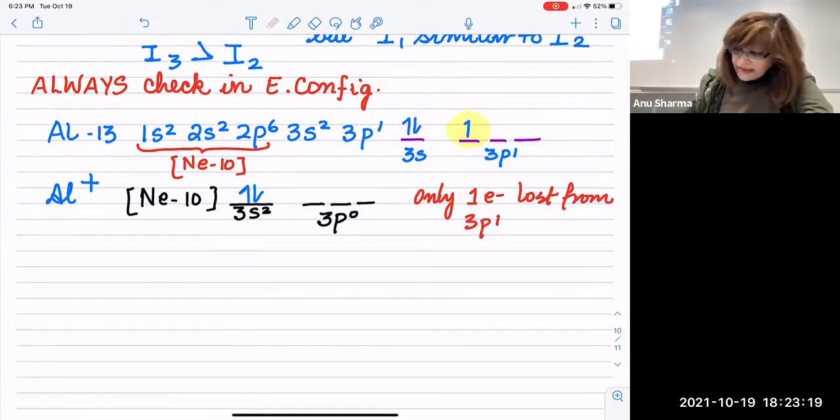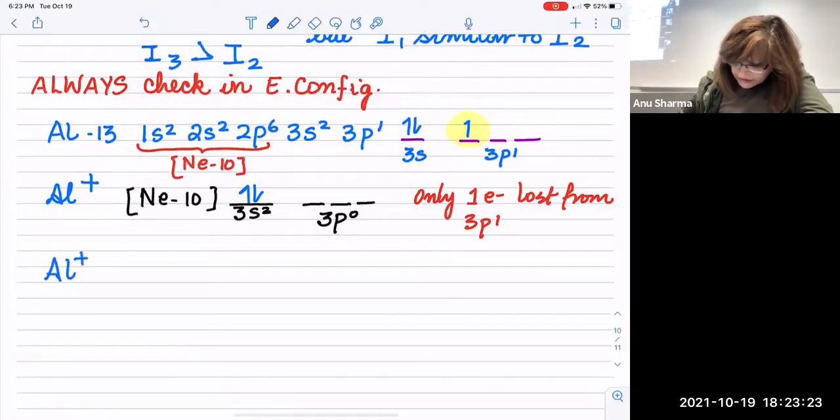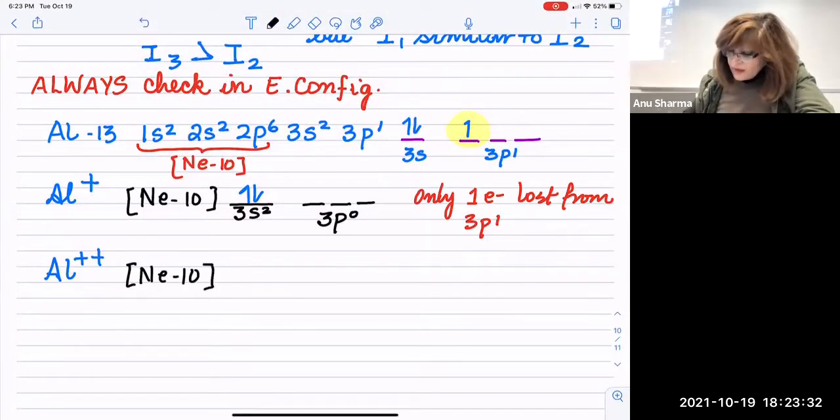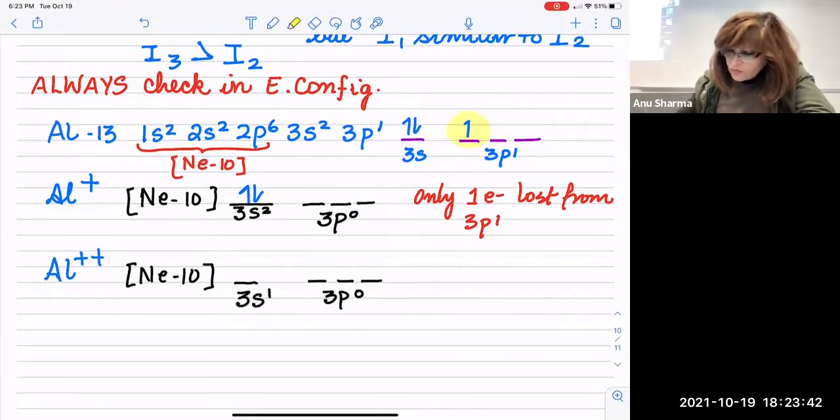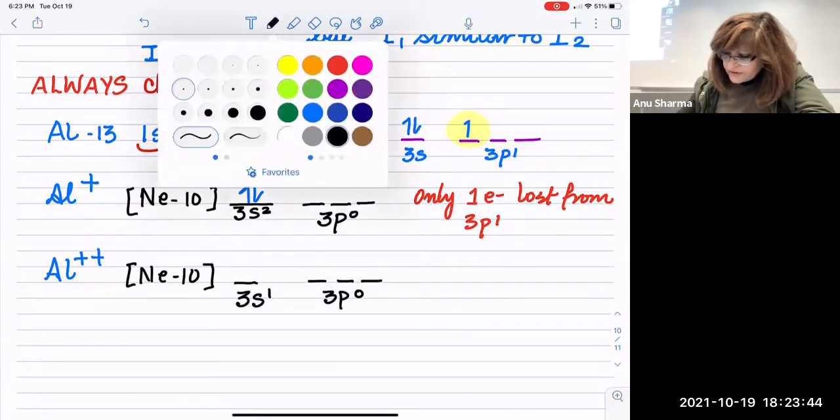That's one thing. Next, let's look at Al plus 2. What's happening there? Here is neon 10 again. So 3p0 is there, no electrons here. Then this becomes 3s1, so one electron only left.